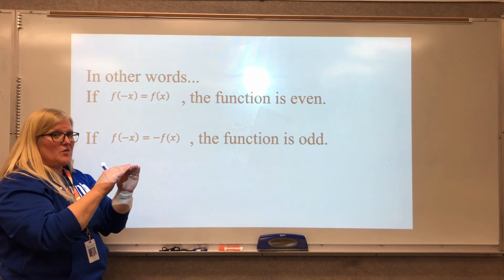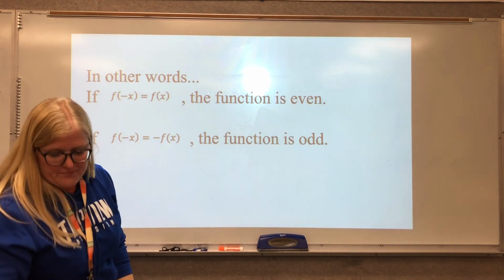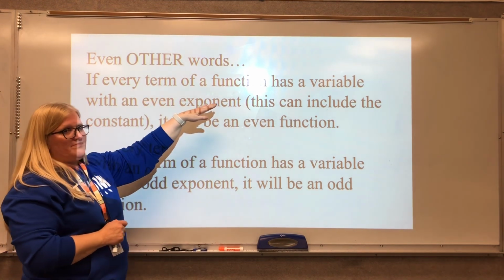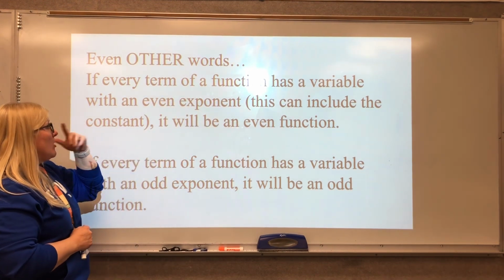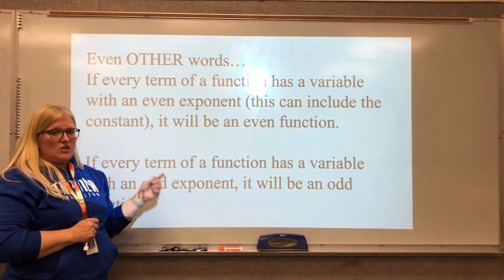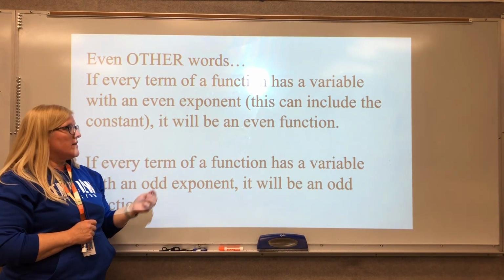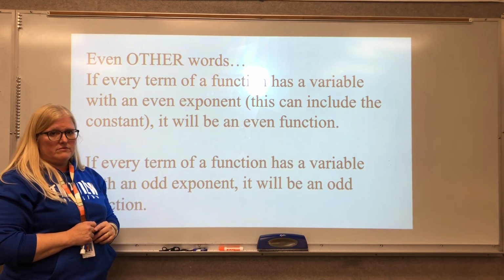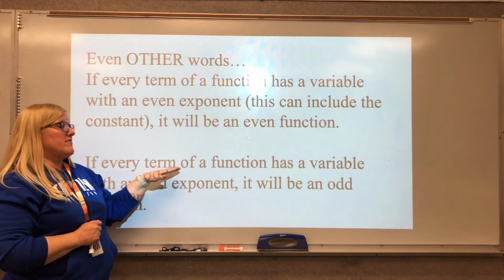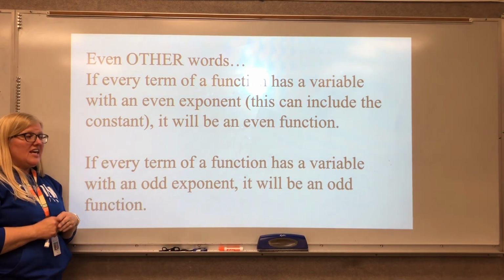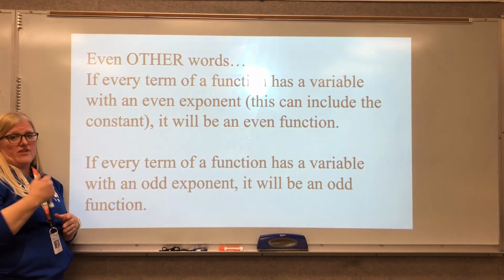Now, let me tell you an even easier way to remember that. If every term of a function has a variable with an even exponent, this includes the constant if there is one, it will be an even function. If every term of a function has a variable with an odd exponent, it will be an odd function.